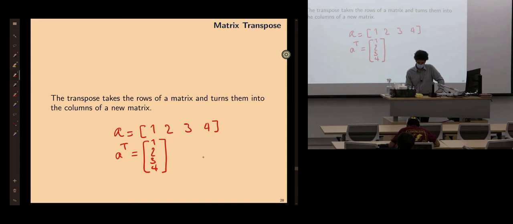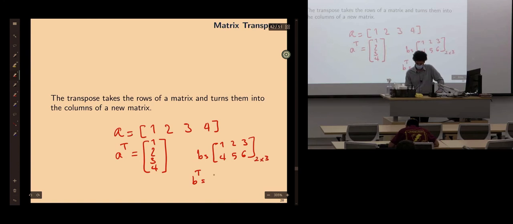If I have B, 1, 2, 3, 4, 5, 6, B transpose will be 1, 2, 3, 4, 5, 6.